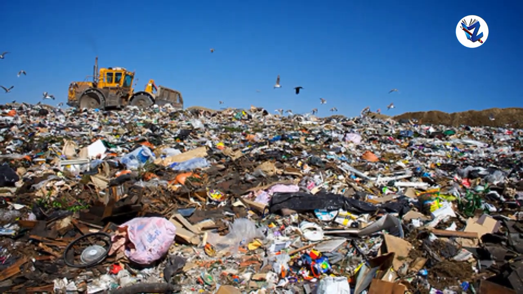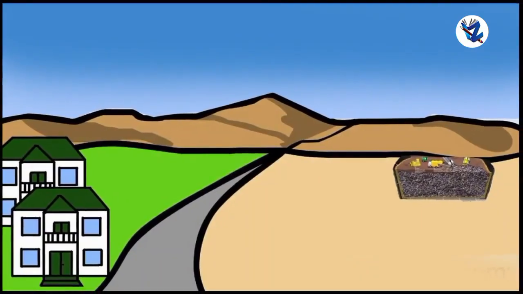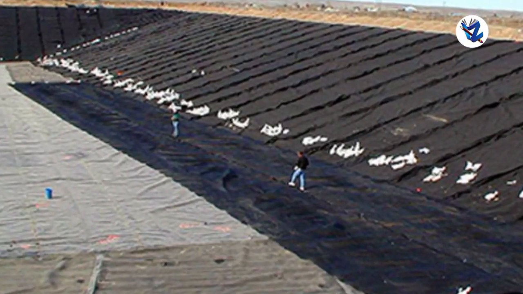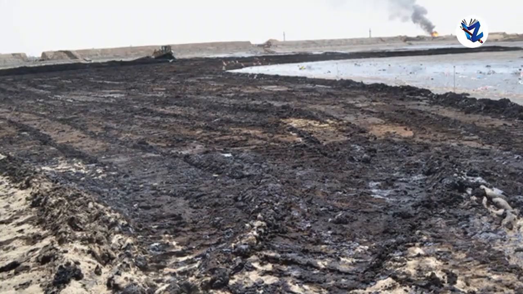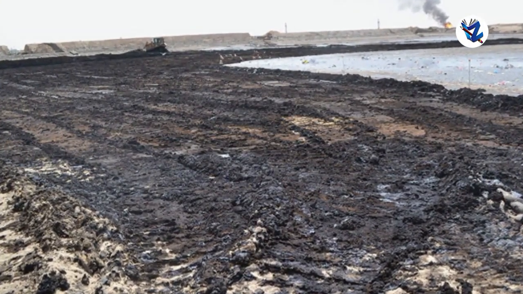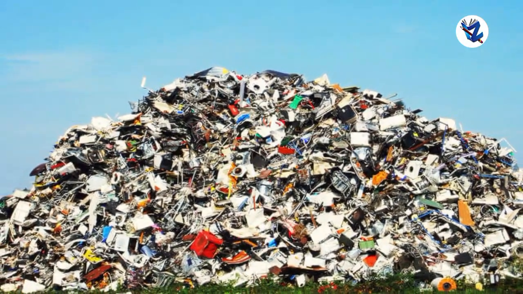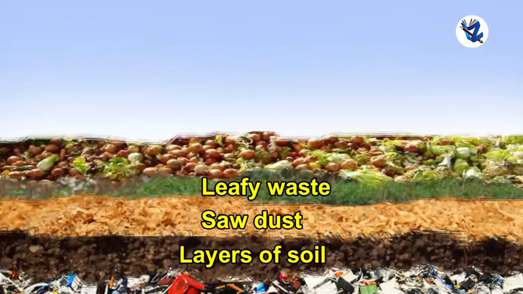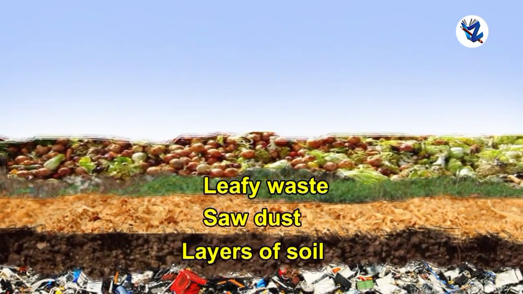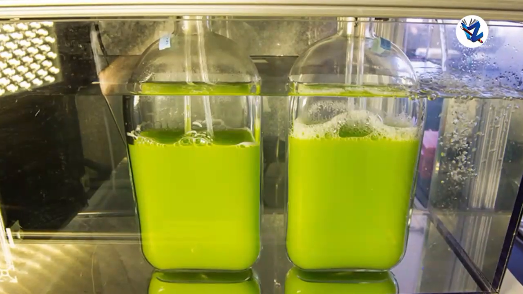Large pits are dug in open spaces far away from the residential area, and those pits are lined with plastic sheets as a precaution against pollution of soil due to leaching of toxic and harmful material. Compressed waste is dumped in the pit, covered with layers of soil, sawdust, leafy waste and specific biochemicals.